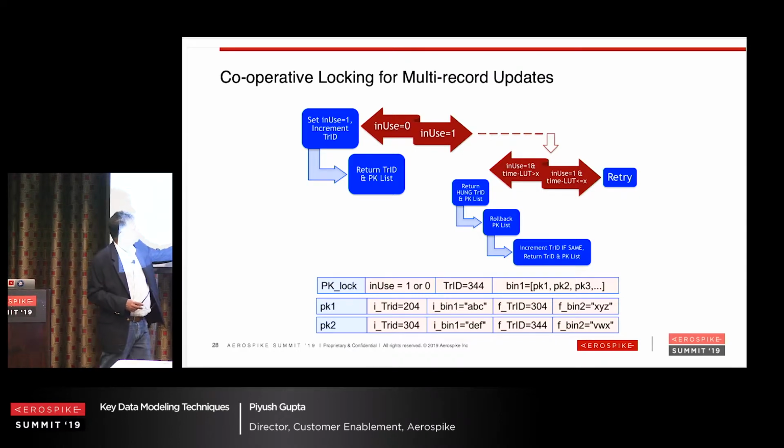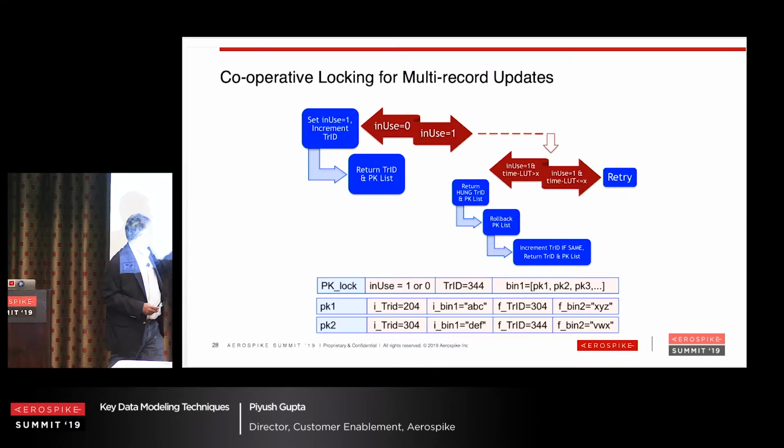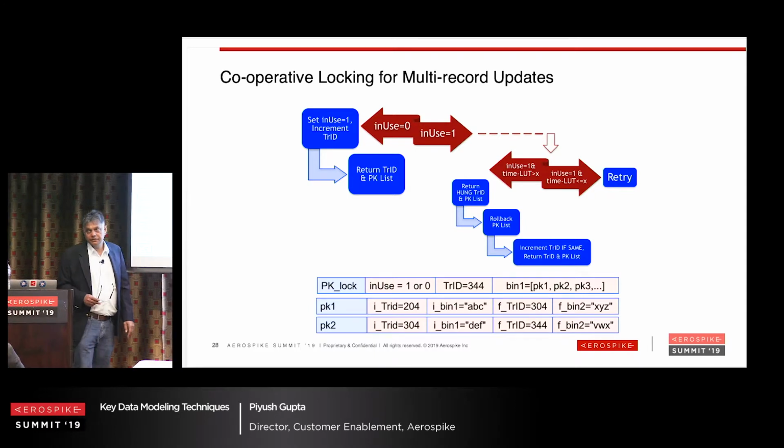So I'm listing, the last transaction ID was 204, it had the bin value at ABC. I'm making it 304 and putting it XYZ, right? Or whatever, 344. So maybe I have updated this record, I have not updated this yet, right? So I'm maintaining the final state of what I'm updating.